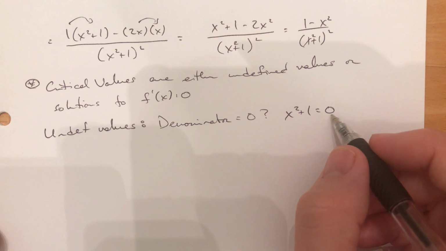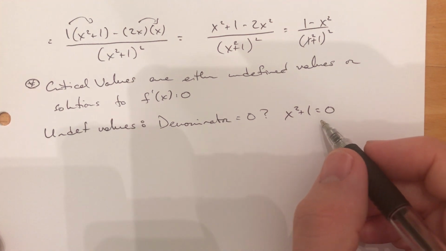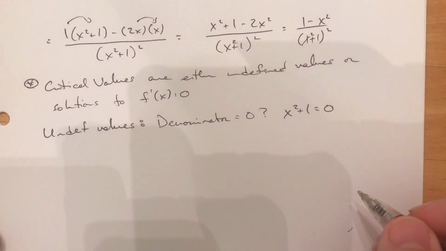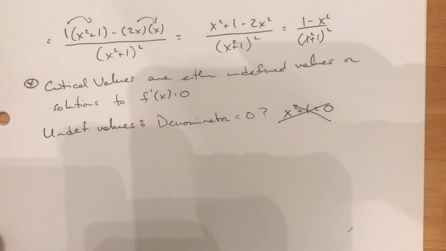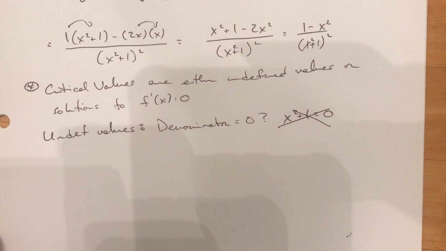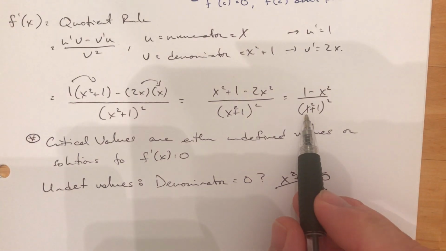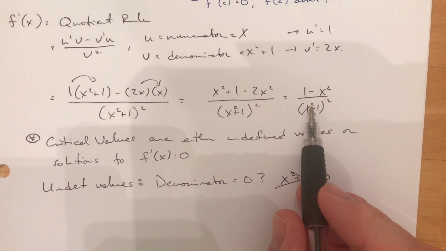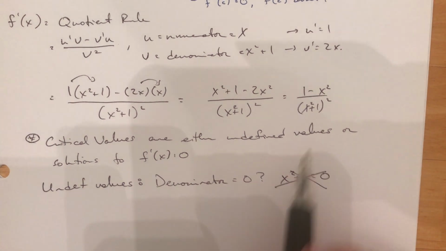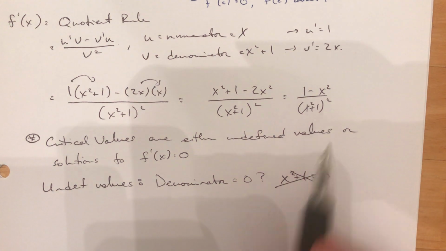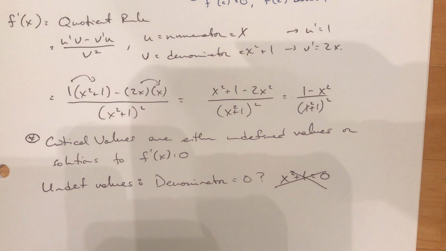If we move that 1 to the other side, we get x squared equals -1. When we take the square root of both sides, we're going to get a complex value. We might also say that no matter what x is, if I square it, I get a positive number. If I add 1 to that, I get an even more positive number, and if I square that, I get something that is even more positive.